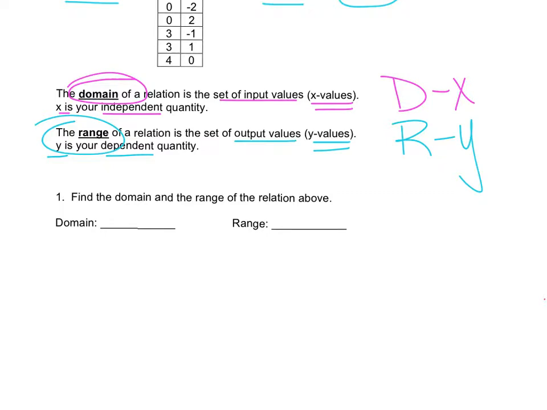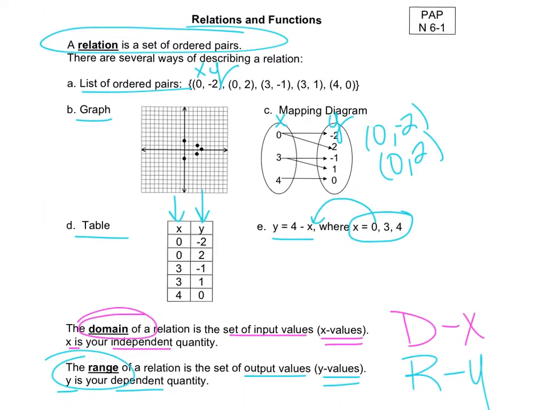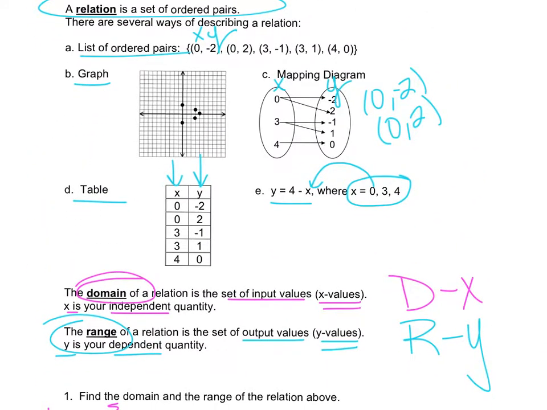Okay, so we're going to find the domain and range of the relation above. So we're going to look at those ordered pairs at the very top. Anytime you're listing domain, we know those are your X, and you'll have a curly bracket. I'm going to go up to the top and look at my X values of my ordered pairs here. I like for you to put it in order from least to greatest.